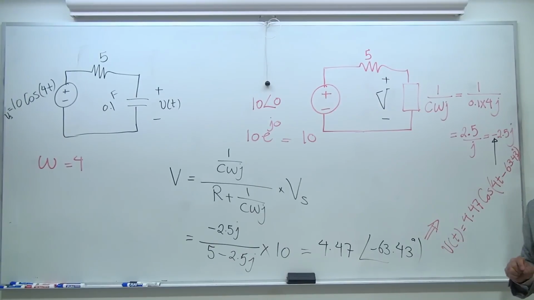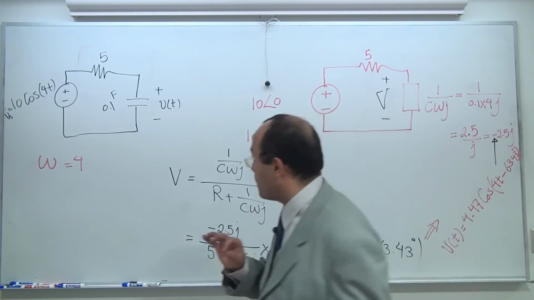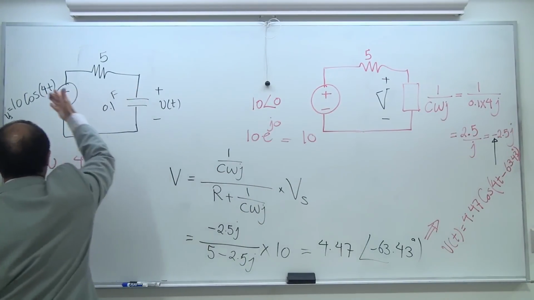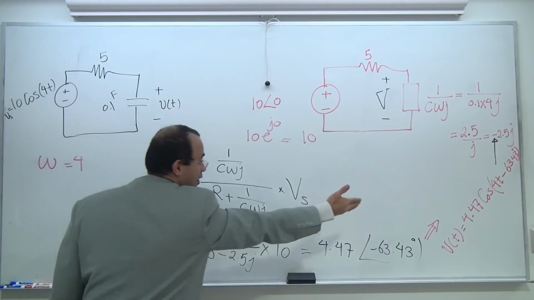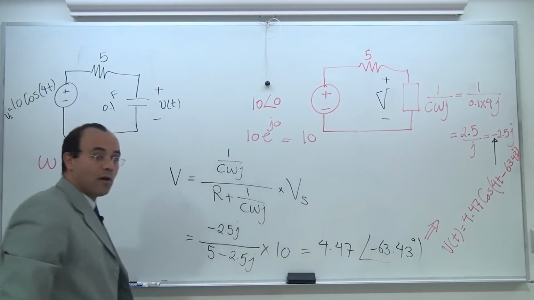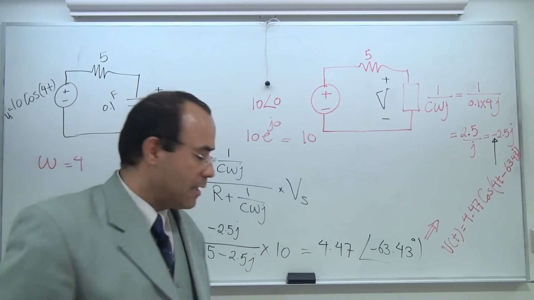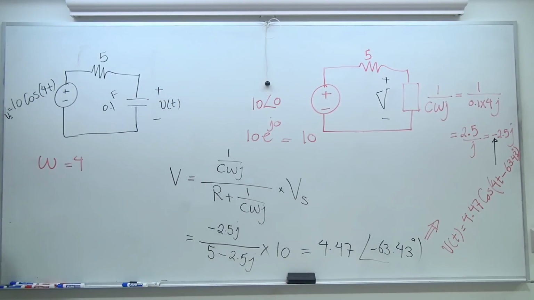That's my time domain response. This is the steady state response across this. It's going to be a phase shifted cosine by the amount of 63 degrees. Let me go in and grab a different example.